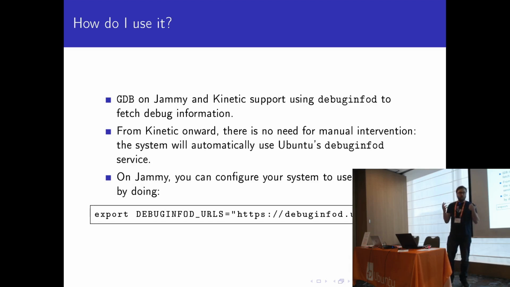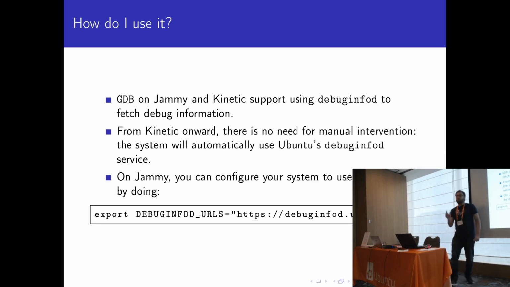I am working with the SRE team to come up with an idea on how to better support the service out of the box in Jammy, but I don't know if an SRU is the right way to go. Maybe backports is the right way to go. I don't know. I'm not very concerned about that right now. I'm concerned about expanding the service and meeting the goals that I'm going to talk about later.